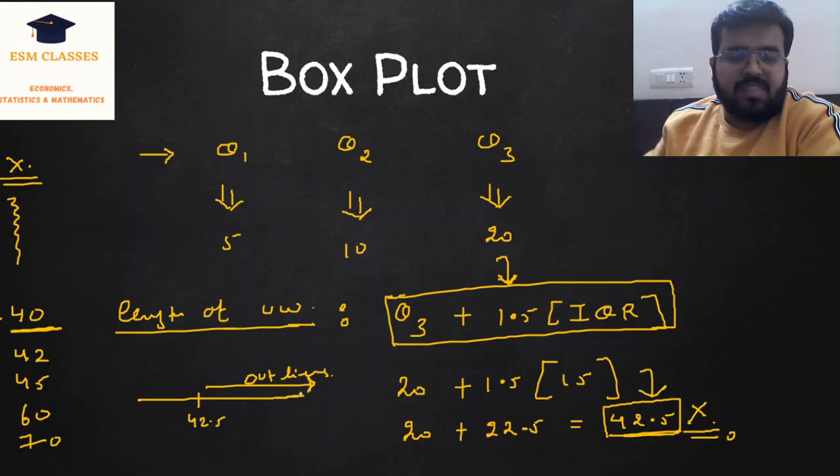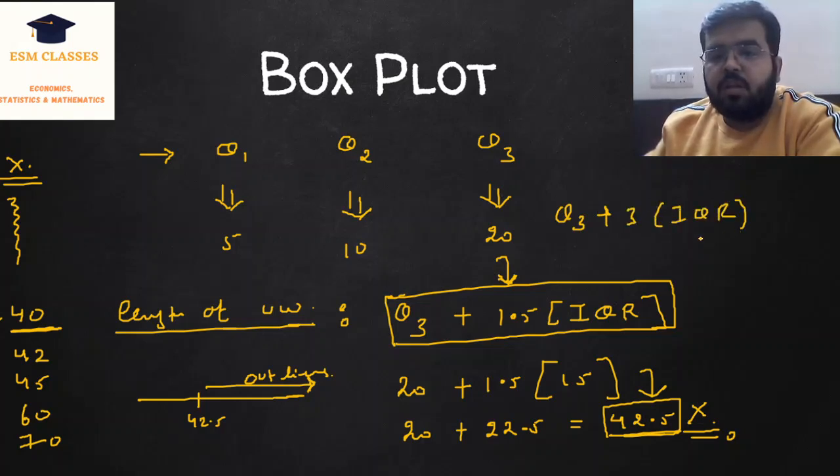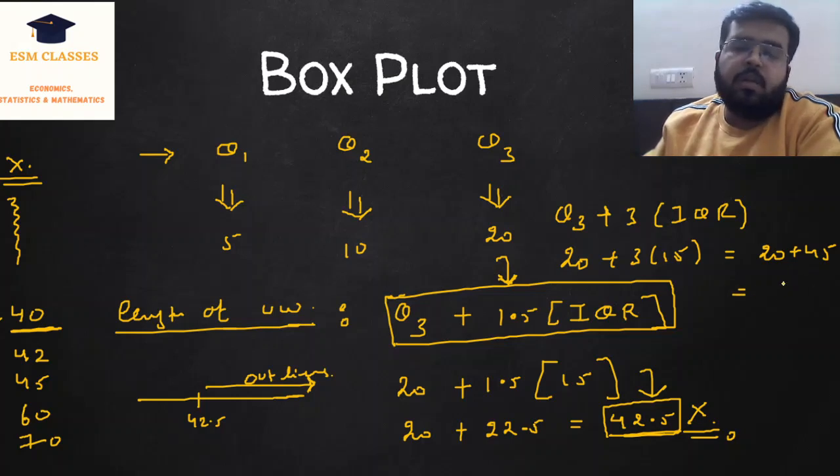Right? So in this case, we can distinguish outliers into normal outliers and extreme outliers. In order to find the difference between normal and extreme outliers, please write down another formula, which is Q3 plus 3 IQR. That means 20 plus 3 into 15, which is equal to 20 plus 45, which is equal to 65.